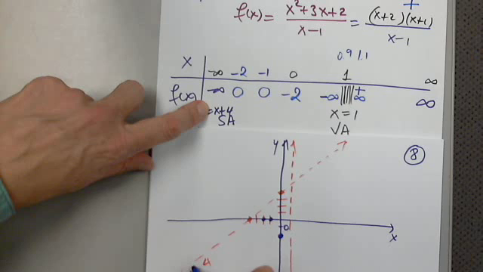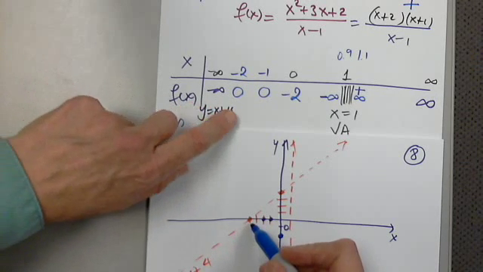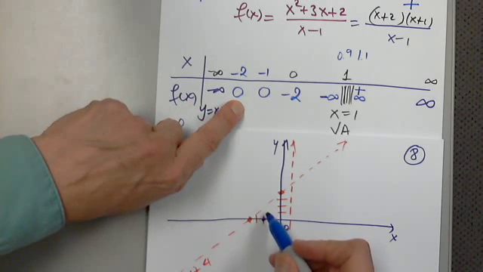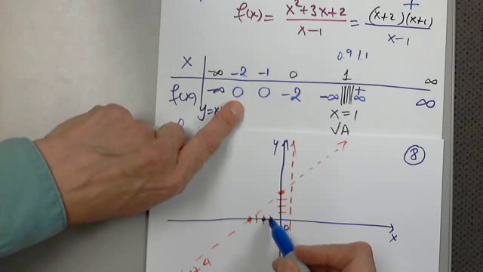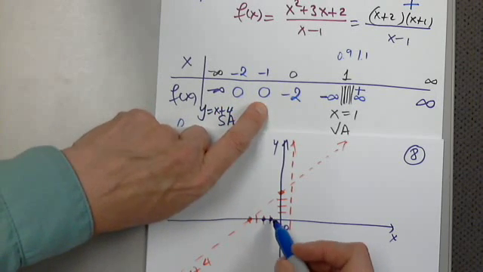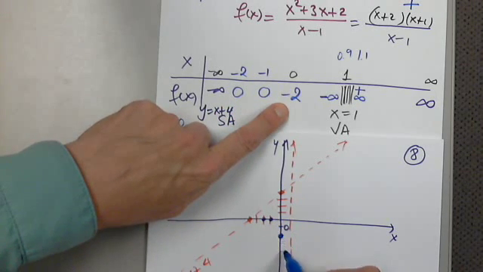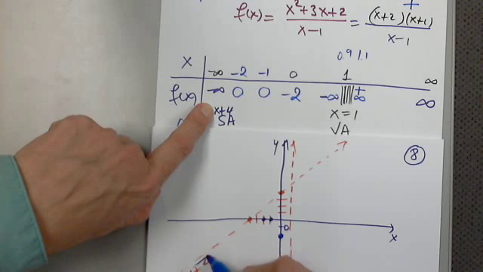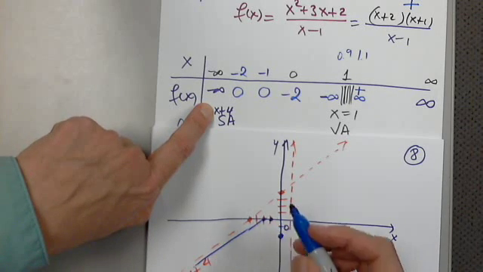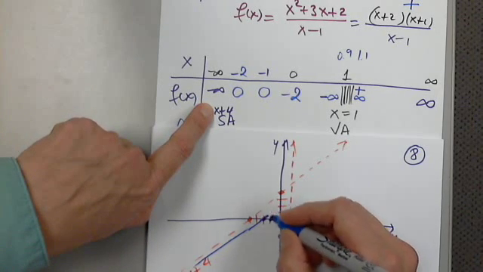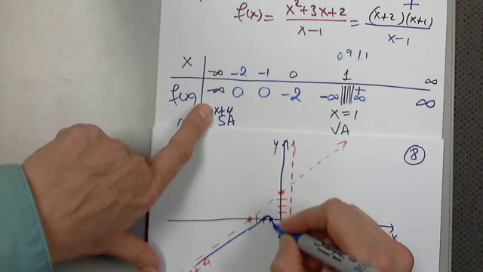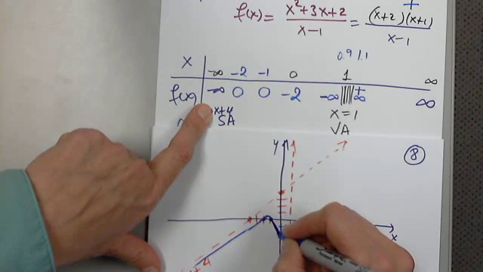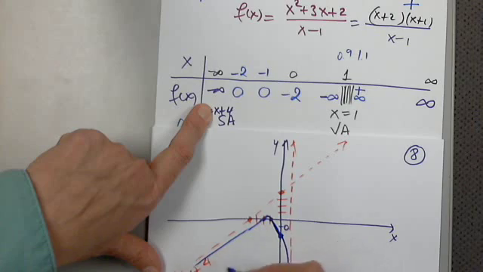From approaching the asymptote at negative infinity, it's crossing at negative 2. It has to have a turn somewhere here. Crossing again at negative 1, 0. Crossing at 0, negative 2, and going to negative infinity. So from negative infinity, crossing at negative 2, it has to have a turn because it comes back and crosses again, and then crosses the y-axis and approaches negative infinity.